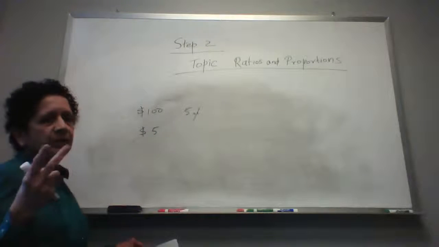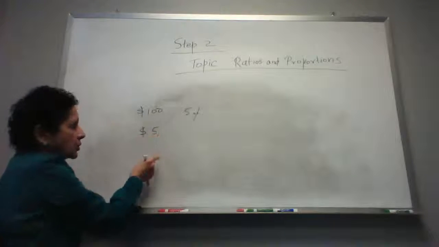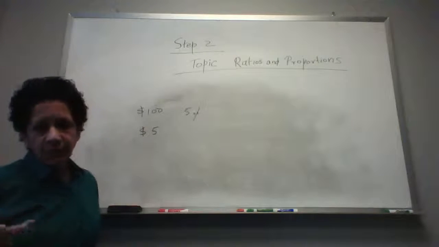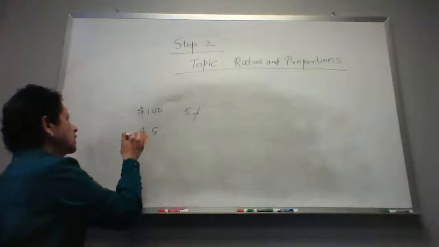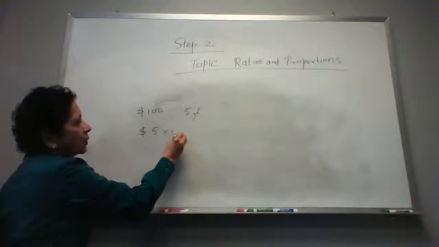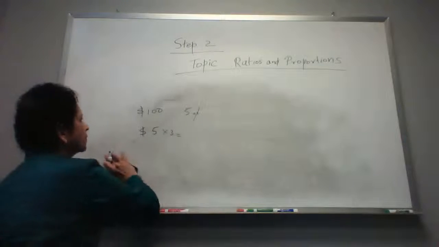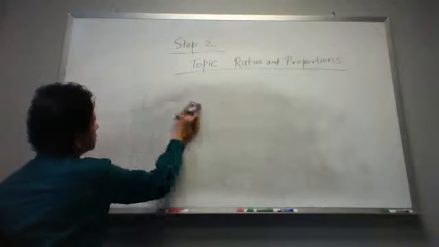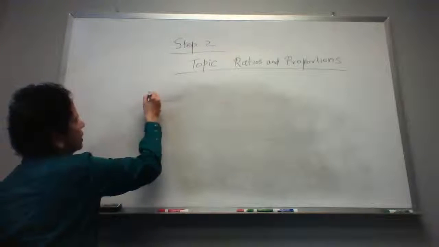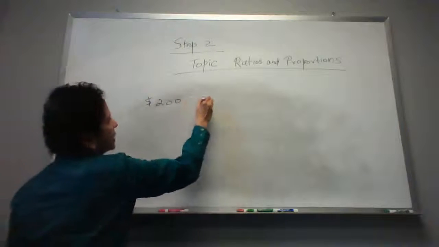If you invested 2 years, so 1 year you'll get $5, second year you get another $5, 5 and 5, $10, right? Then if you invest for 3 years, so 3 times 5, you would have gotten $15 interest, right? And instead of exactly $100, let's say that you invest $200 today, and the interest rate is 5%.